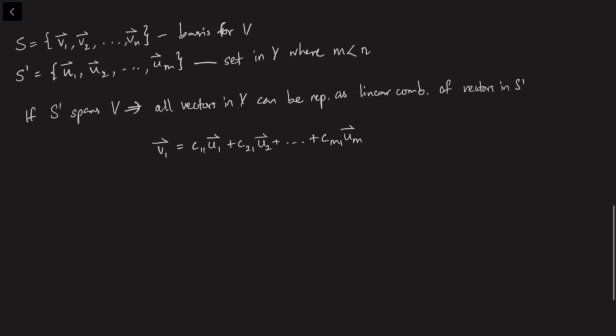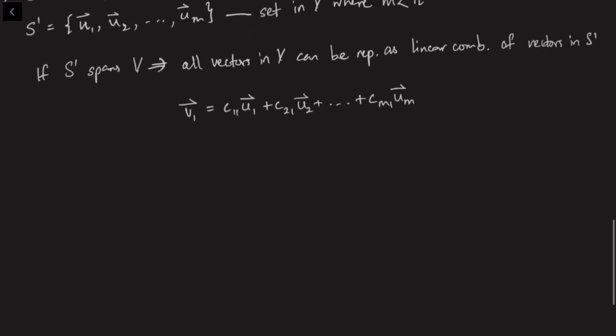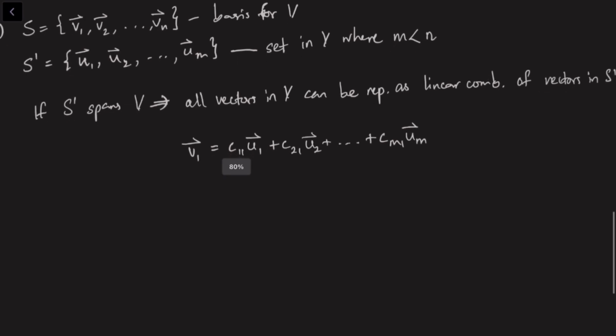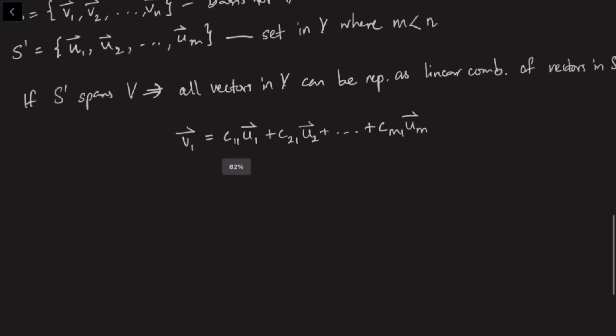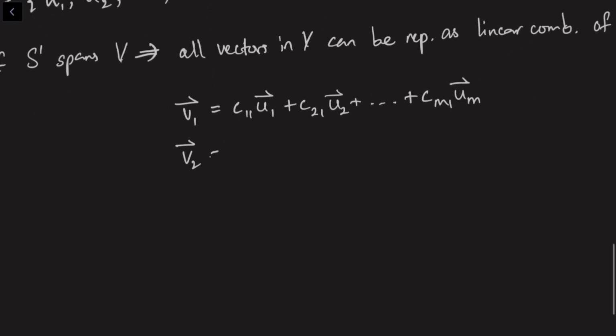So we'll have a set of linear combinations for the basis v vectors. Same thing for this.